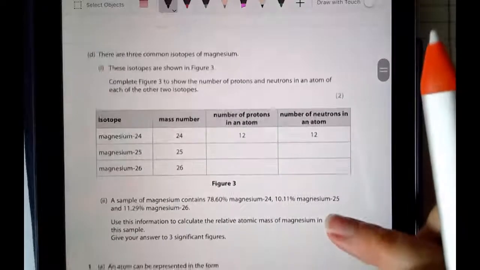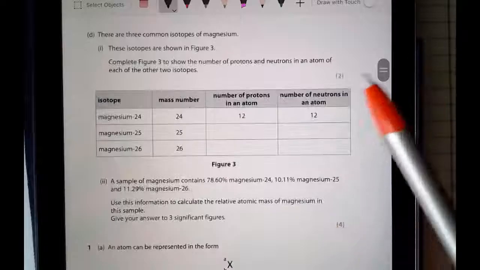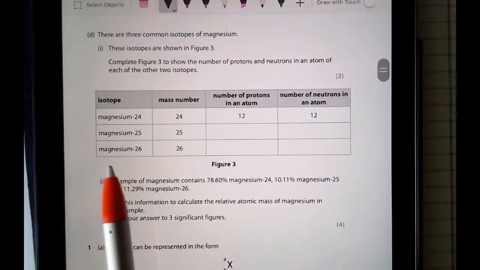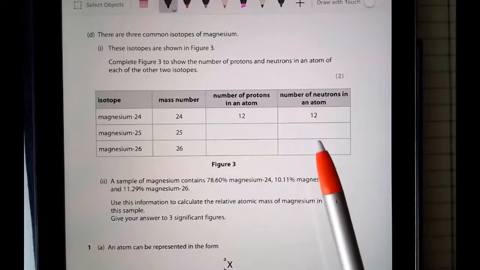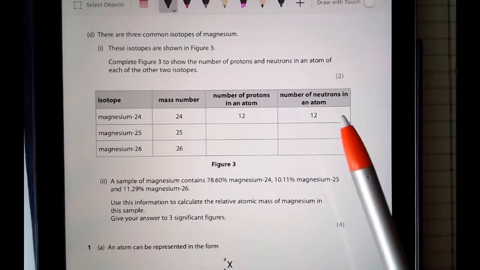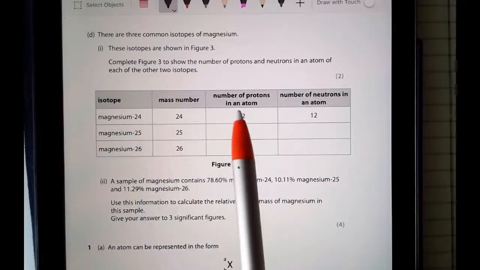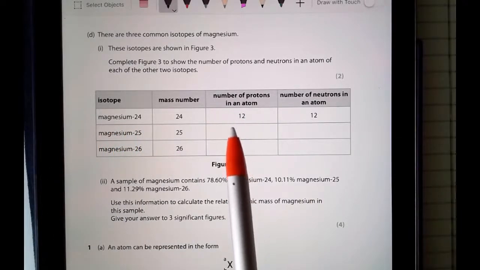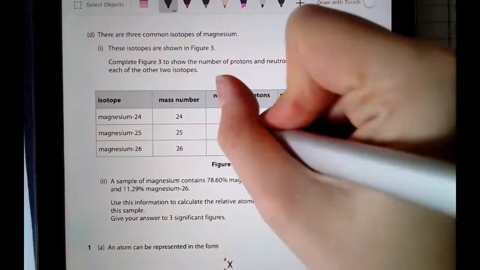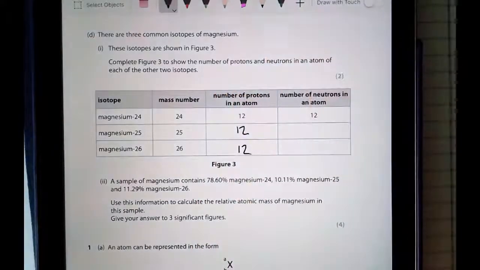The next question is on isotopes, and they give you a table with 3 different isotopes of magnesium, and they ask you to complete it. If you know your definition for isotopes, you know that isotopes have the same number of protons. So if they're telling you that isotope 24 has got 12 protons, then isotope 25 and 26 must also have 12 protons, because isotopes always have the same number of protons.